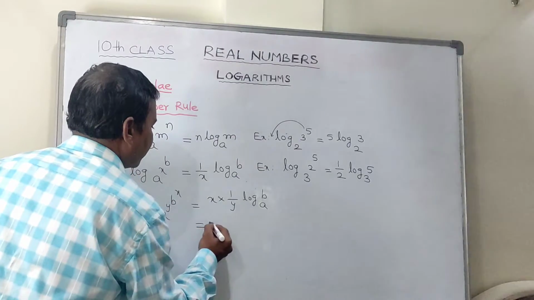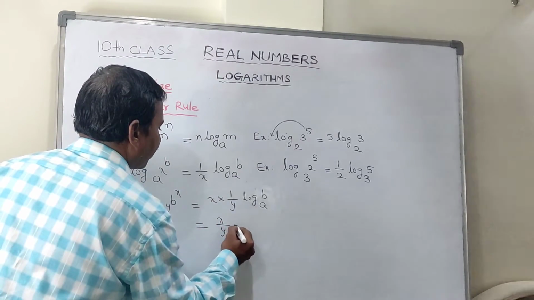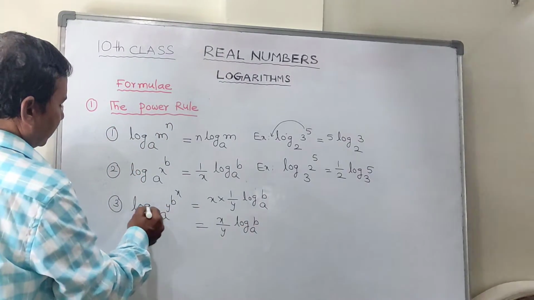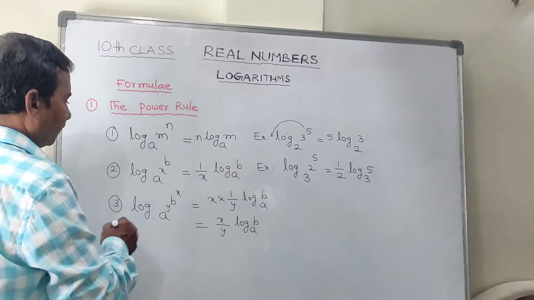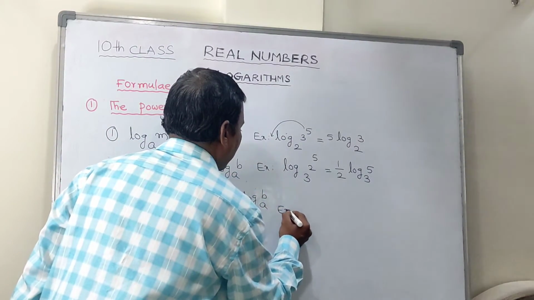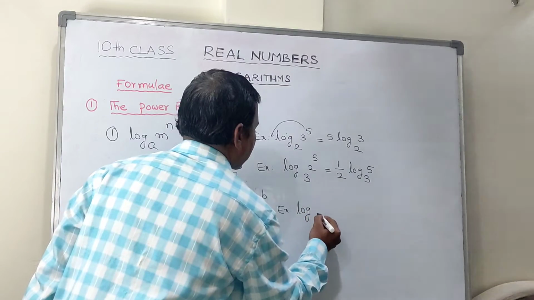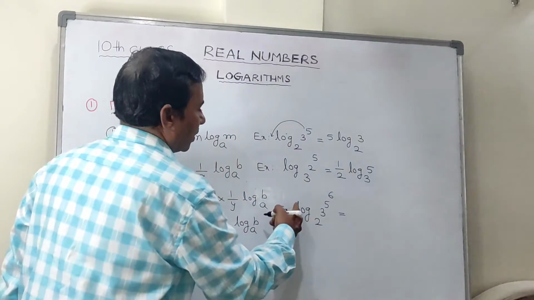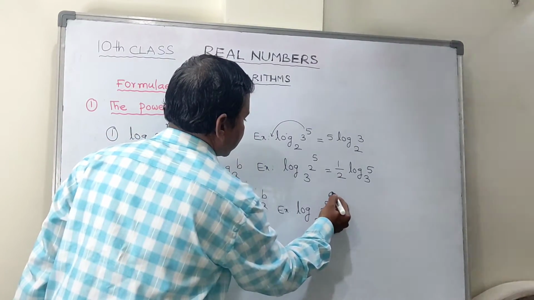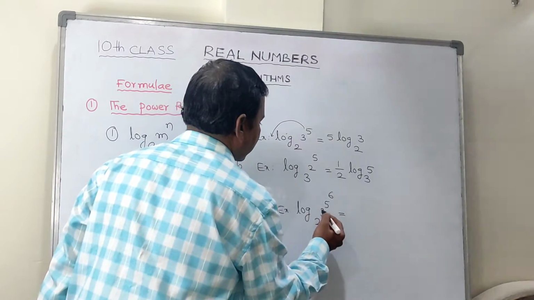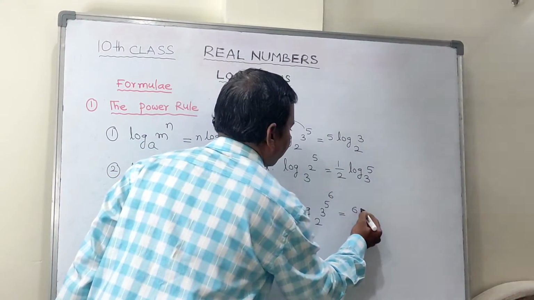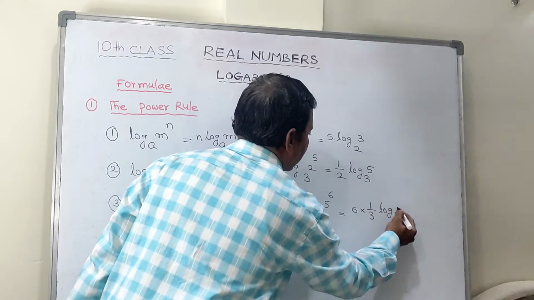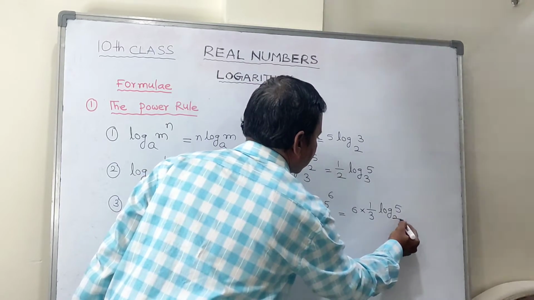So, finally, we will say x by y log b to the base a. So, this is the third formula based on this power rule. If you take one example like this, log 3 to the power of 5 to the power of 6 to the base 2, as per the formula 6 comes to the front and this becomes 1 by 3, then log 5 to the base 2.